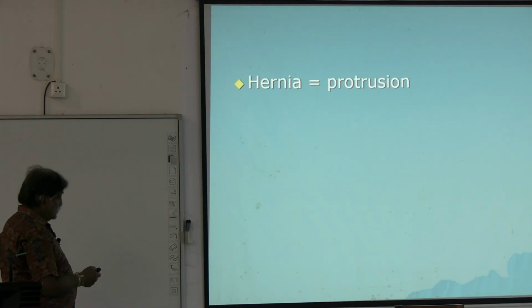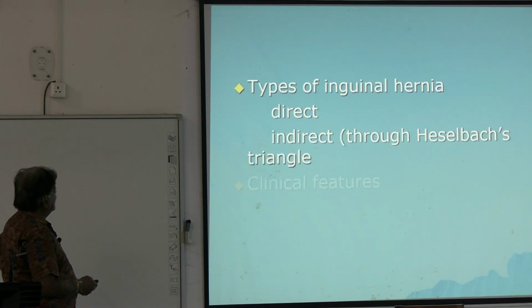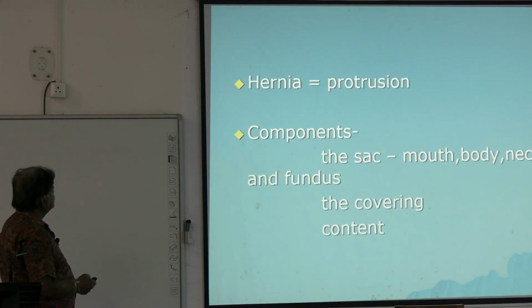Hernia with the protrusion. Components: the sac, mouth, body, neck and fundus. The covering and the contents.